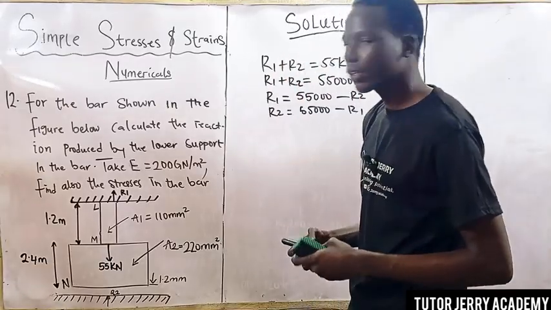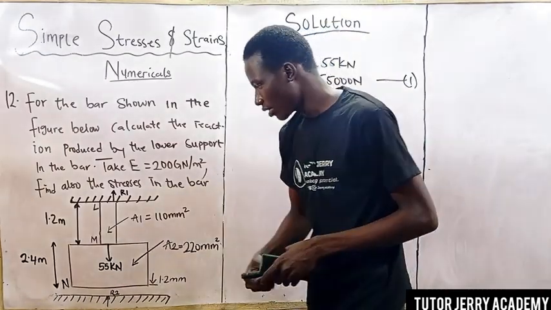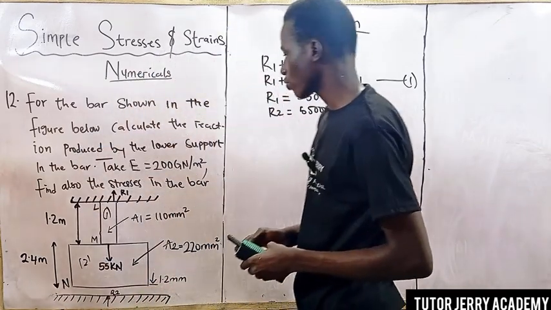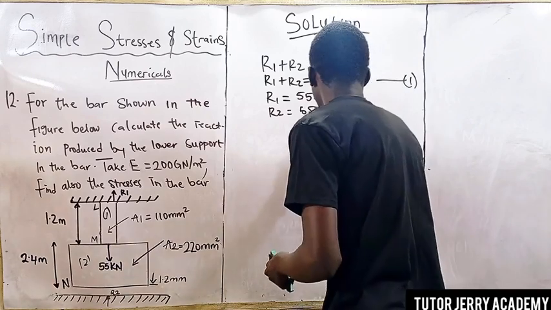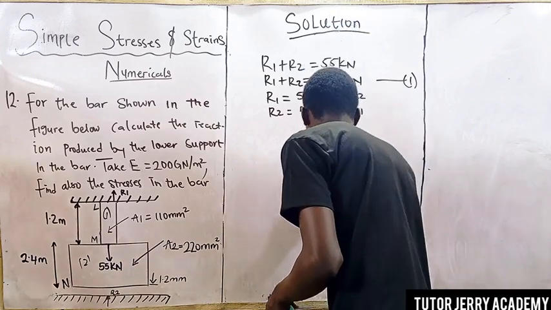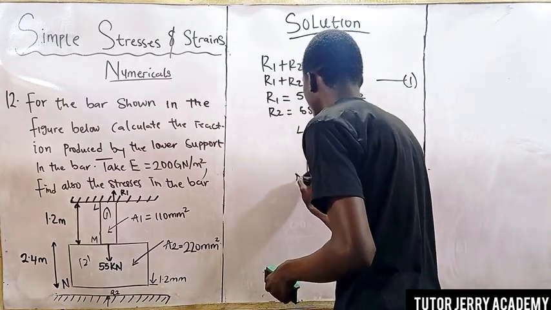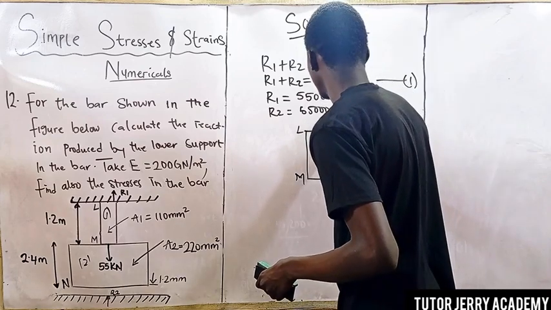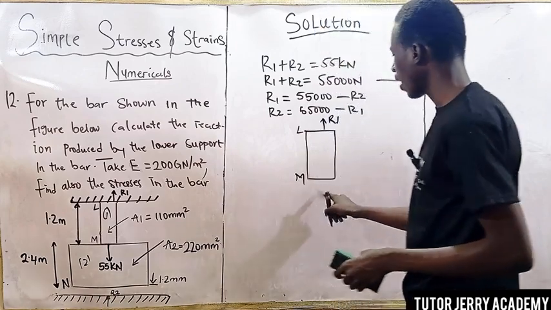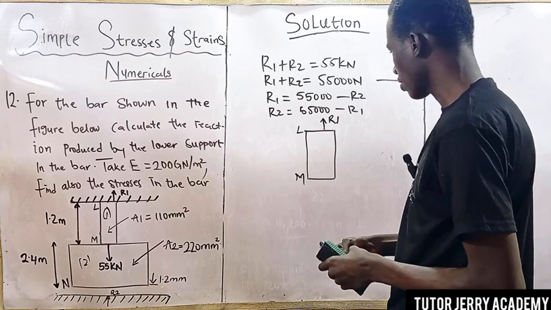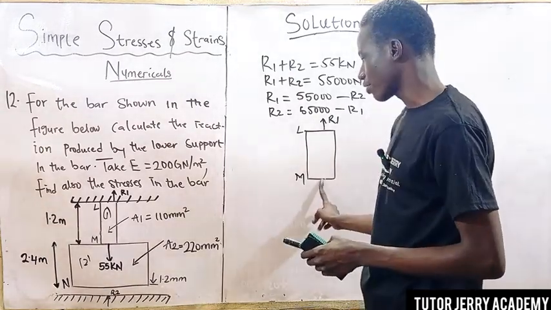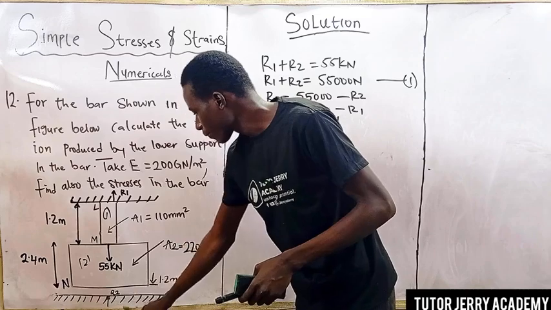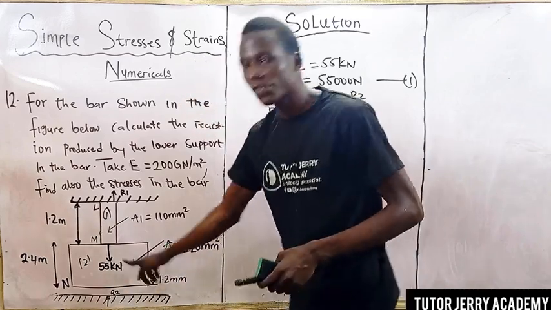Next, I'm going to draw the free body diagram of each section. Let me take this as section 1 and this as section 2. For section 1, which is LM, I have R1 here, and at this point a tensile force. Here I have 55 kilonewton and R2, a reaction opposing the 55 kilonewton.